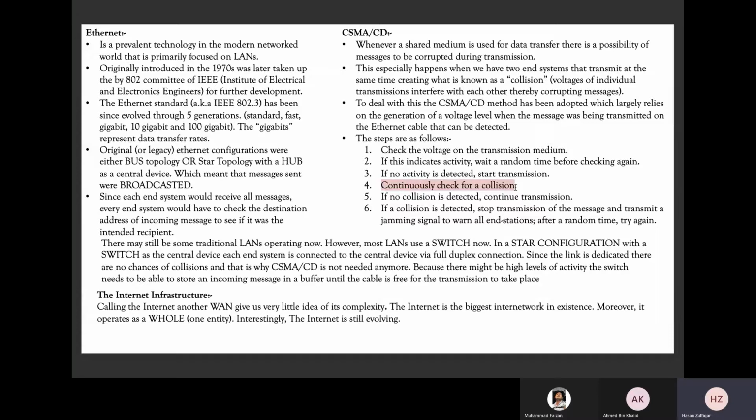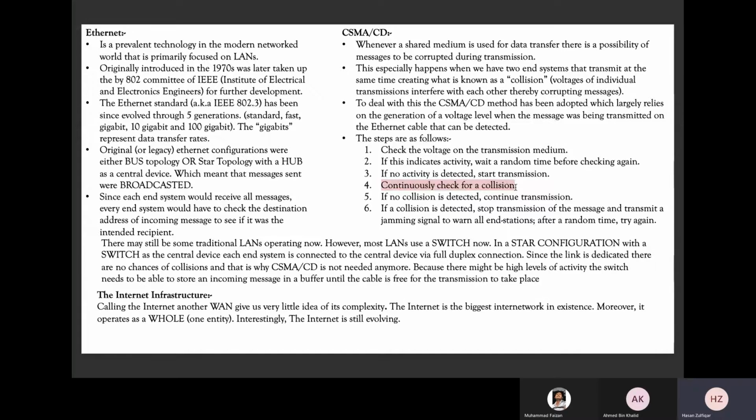That means your data is being collided, and some other transmission is also being carried out right now. So as soon as you detect a collision this way, by listening to your own transmission, your job is to back off right then and there. And by backing off, you mean you stop your transmission instantly.